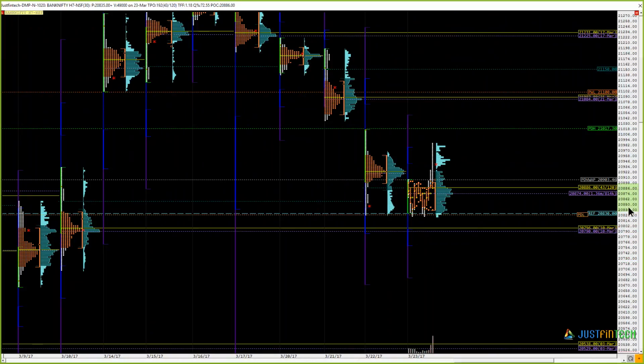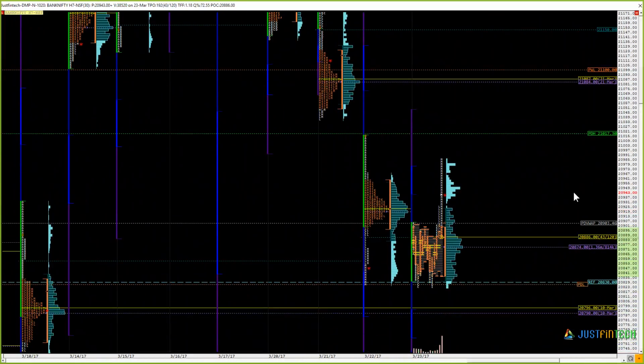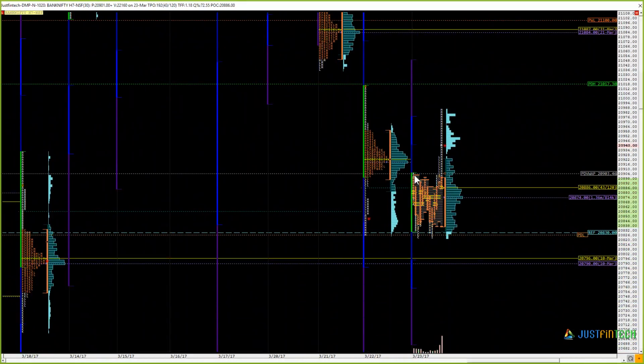So same thing in Bank Nifty, we get an open within range, it tries to probe buyers, fails, B period comes down, C period breaks the previous day low and fails to hold that. So the moment we get a failure, it goes into the A period highs, but again fails there, comes back down, and we get a weak as well as poor low.